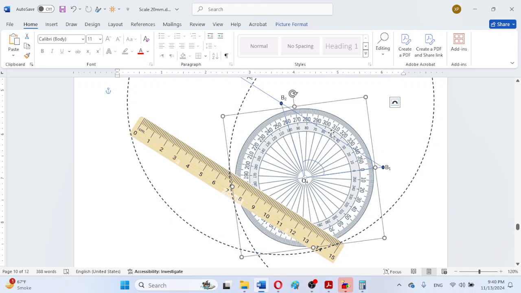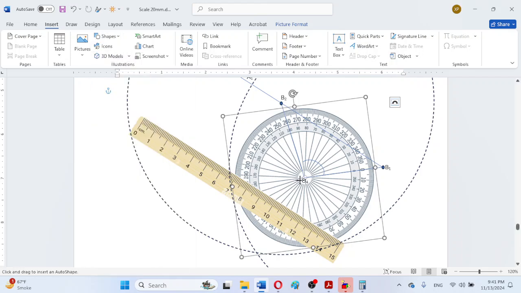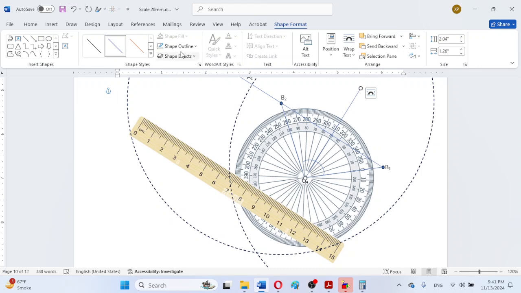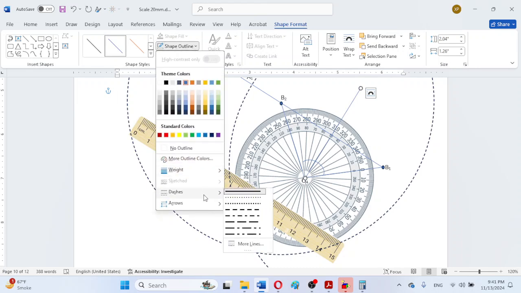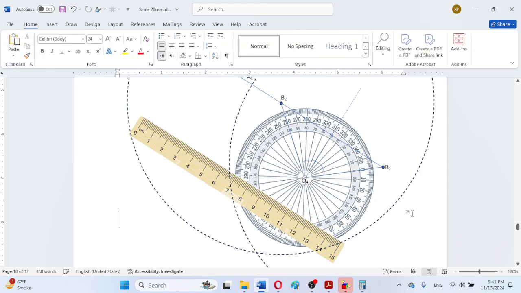So that means this is the 50-degree, this is the central or mid position of the rocker. So I can randomly draw from this point O4 to this 50-degree line, a random reference line, and again change its outline to dotted line. So this is just a reference line.